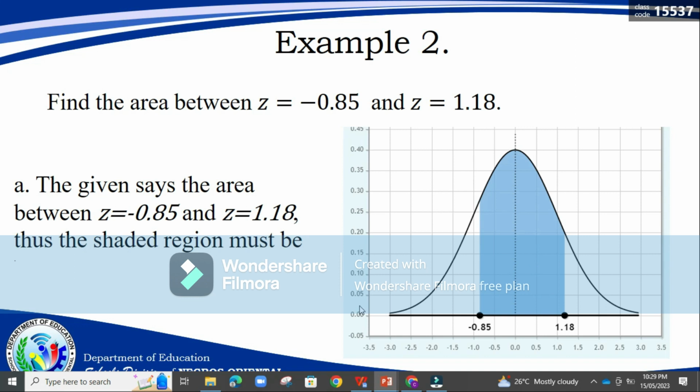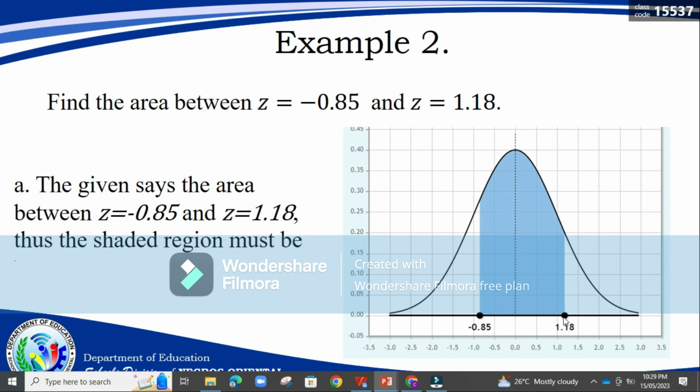Again, this is our normal curve, and negative 0.85 is here, because remember, this is 0, this is 1. After negative 1 from the right, but before negative 1 from the left.